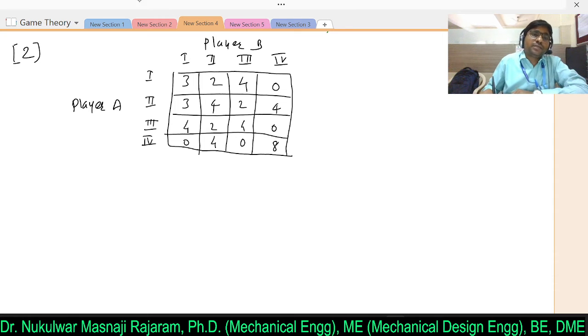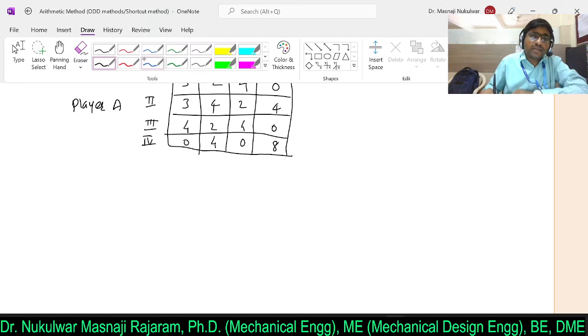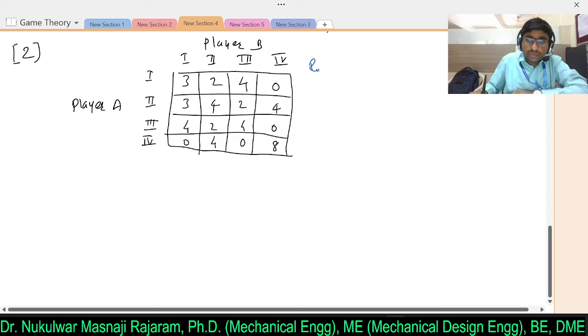First we must check for the saddle point. Clear? So I will check the saddle point. Row minimum is 0, 2, 0, 0. Column maximum, here I will get 4, 4, 4 and 8.